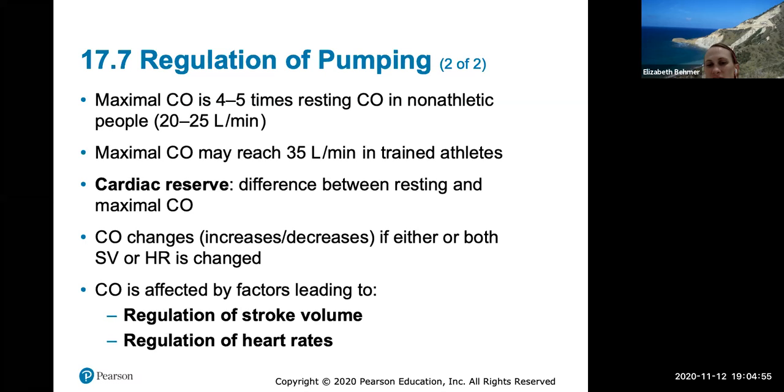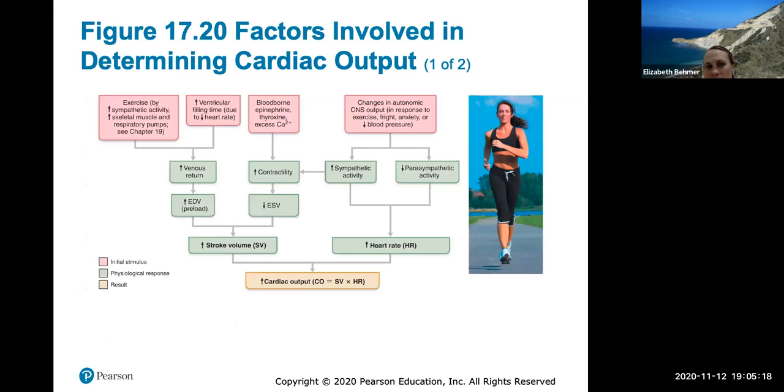Cardiac output can increase or decrease if either or both the stroke volume or the heart rate is changed. So the cardiac output is affected by factors leading to the regulation of stroke volume and the regulation of heart rate, because cardiac output, again, is stroke volume times your heart rate. So anything that affects stroke volume or heart rate will change cardiac output.